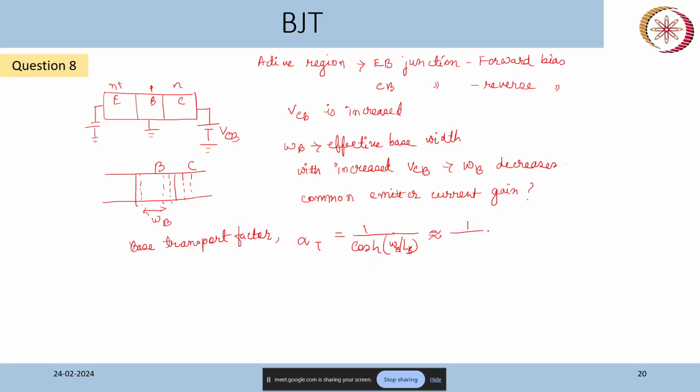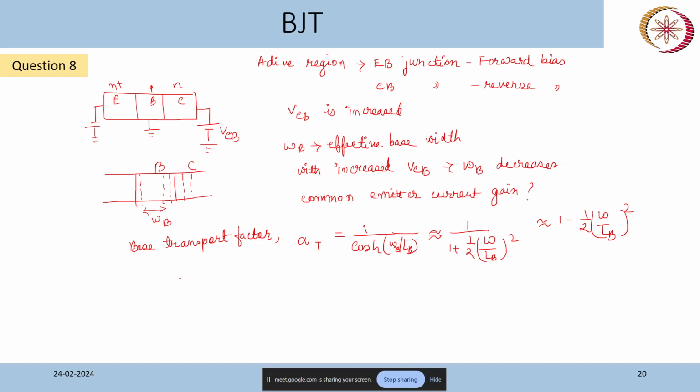It will be 1 by 1 plus half (W by LB) squared, which again we can expand using the inverse of 1 plus x. That will be 1 minus half (W by LB) squared.